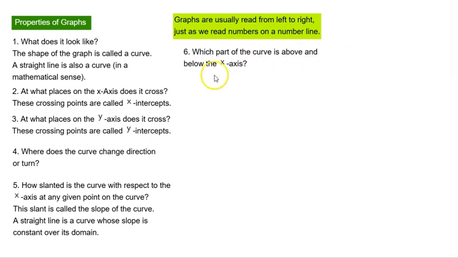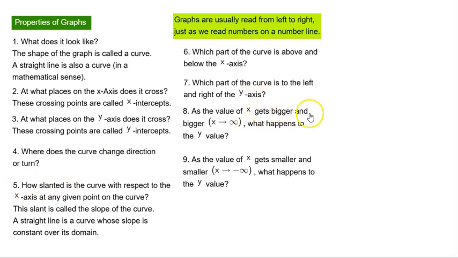Which part of the curve is above and below the x-axis? Which part of the curve is to the left and right of the y-axis? As the value of x gets bigger and bigger, what happens to the y value? This basically means x gets larger and larger, going towards infinity.